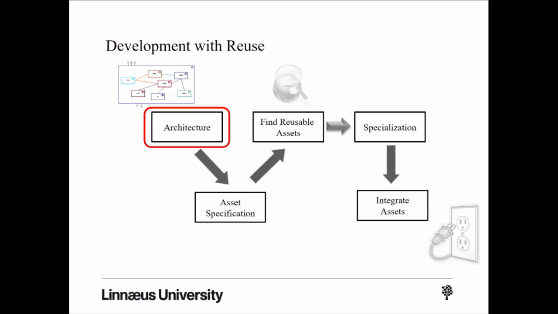So I will say that this is the way most programmers work. Maybe you don't talk about architecture and asset specifications, but you have it like unintentionally when you look for something to reuse. And that something to reuse can be anything from a single snippet of code to a database management system or a web server, something alike.